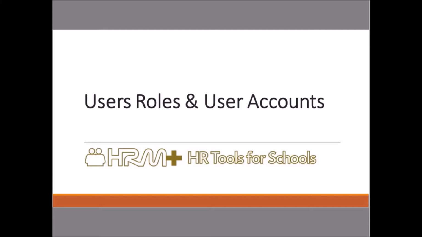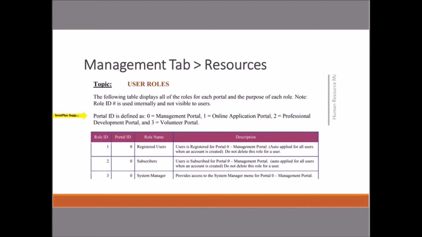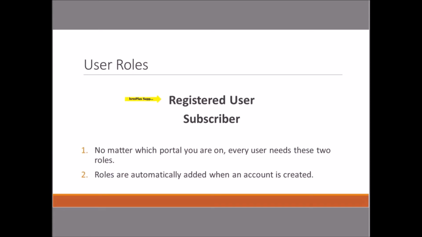Those two roles, everybody has to have them, no matter what else, just so their account works. They're usually automatically assigned when you create an account, and you shouldn't have to worry about it. But every once in a while, when we add people in the background, they don't get added, and if they're not there, things might be goofy. I think you all understand that those are the two roles that everybody has. If not, interrupt me and I can explain.